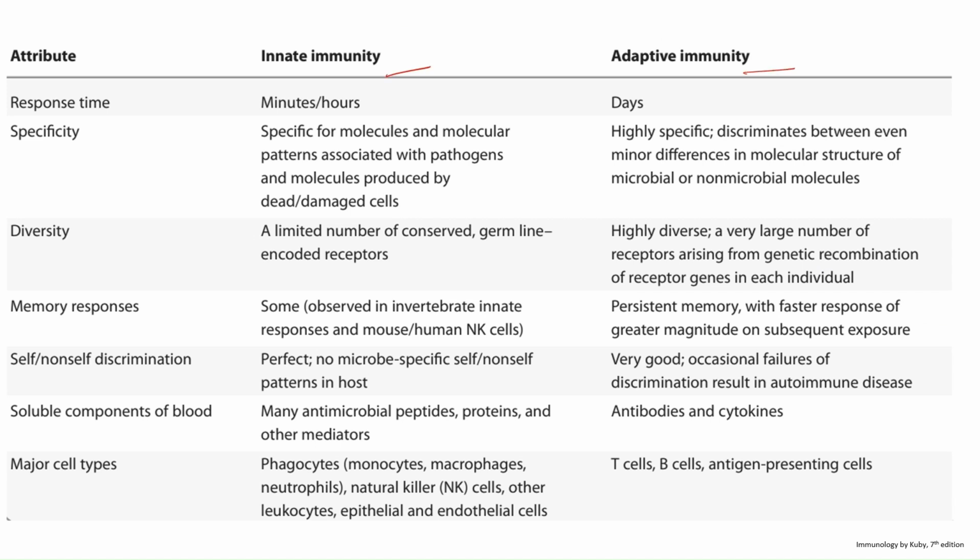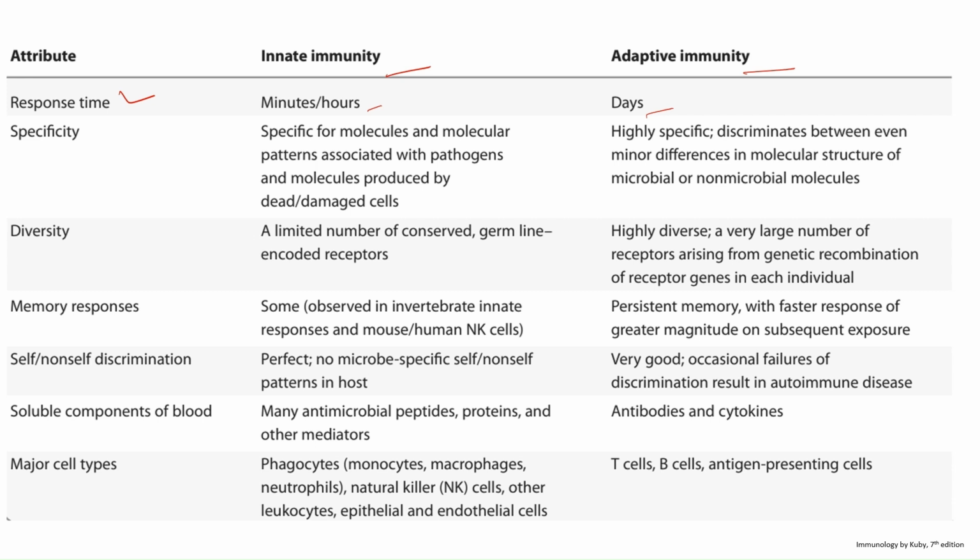First of all, the response time. Response time in the case of the innate immune system is within minutes or hours. For the adaptive immune system, it is days. Why? Because in the last slide, we learned that whenever any pathogens come and attack our body, the cells or the molecules of the innate immune system will first interact with the pathogen.